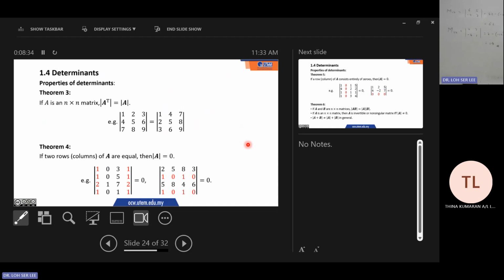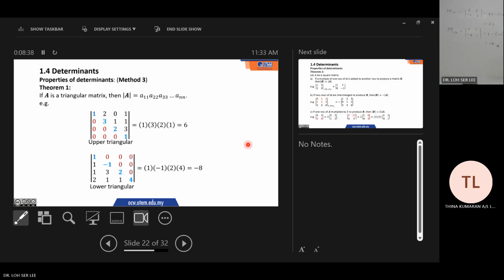The next one, we will look at how to find the determinants through some theorems. Theorem 1. If A is a triangular matrix, it means it's either upper triangular or lower triangular.